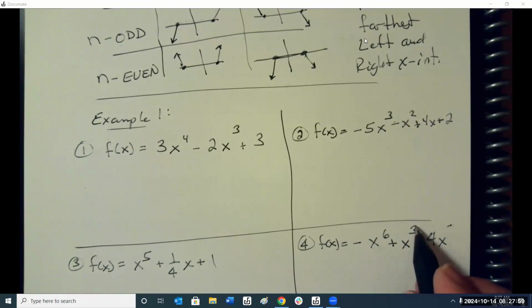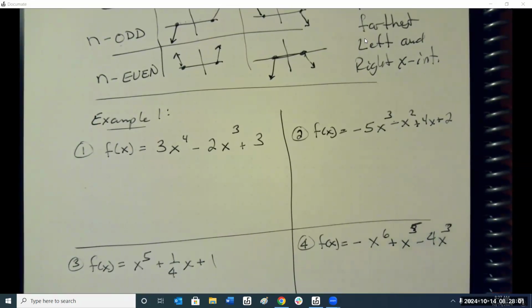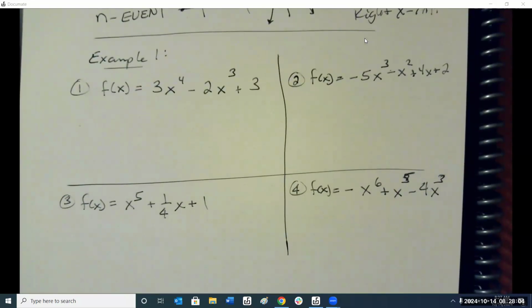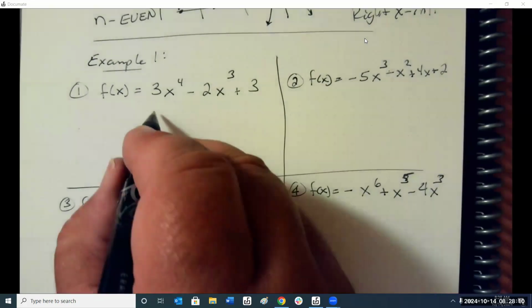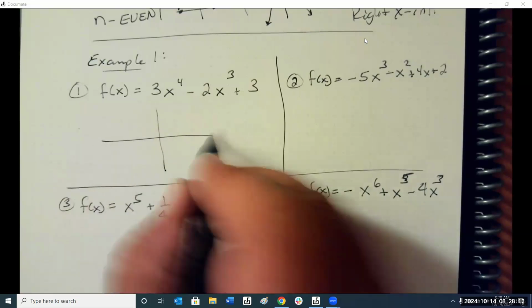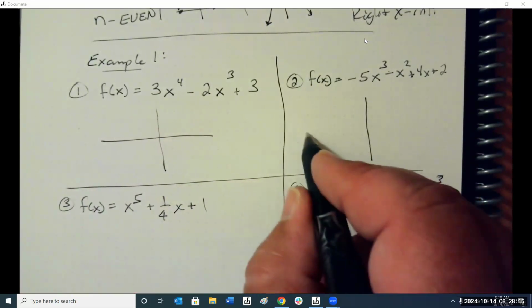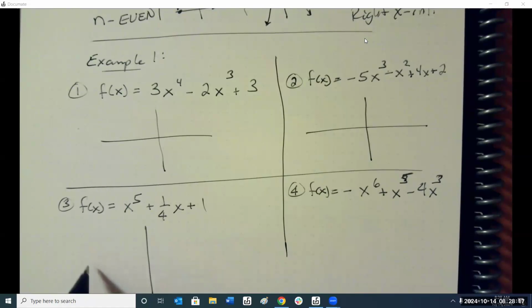No, I'm sorry, the middle one's to the 5th, and that's x cubed. So we're going to look at these and try to guess what they look like, and then compare them to the 4 choices we have in our multiple choice.